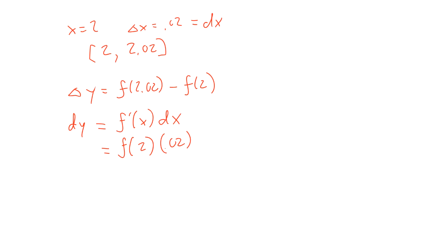So delta y is exactly how much y has changed, and dy is an approximation for how much y has changed. And I've noticed that in physics classes, the professors often will replace delta y with dy as just a quick estimation for how much something's changed. Okay, I got it. Thank you. Sure thing.